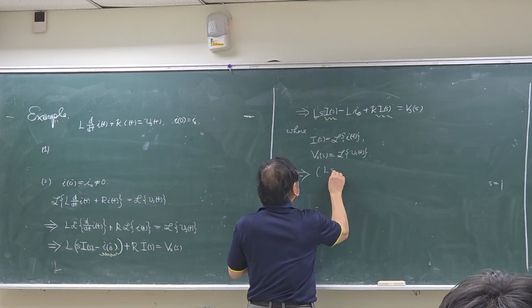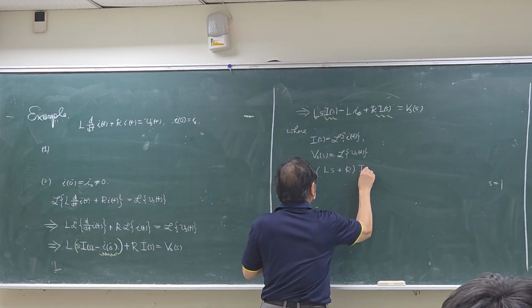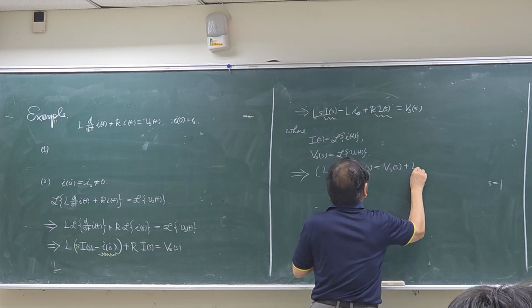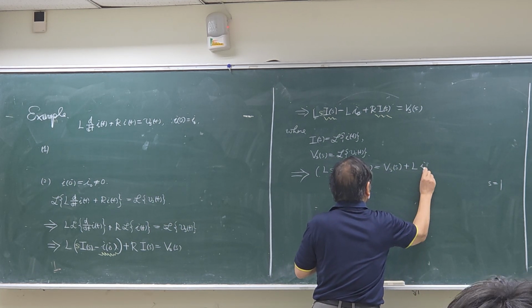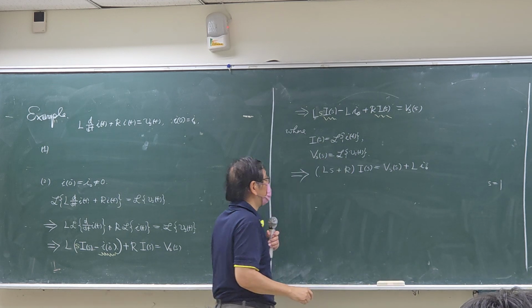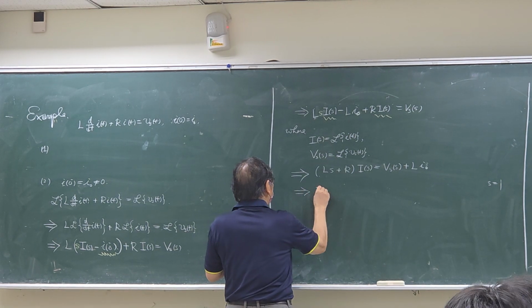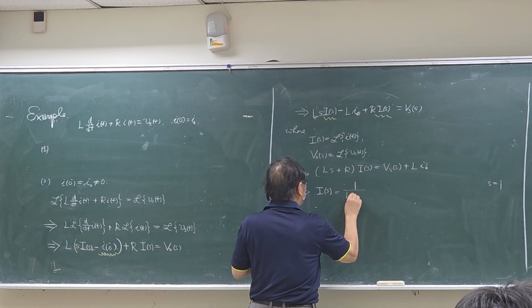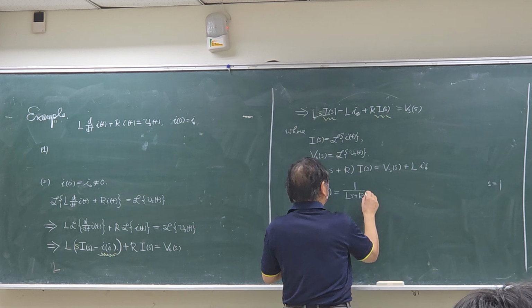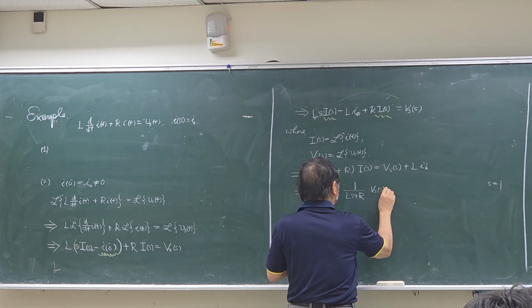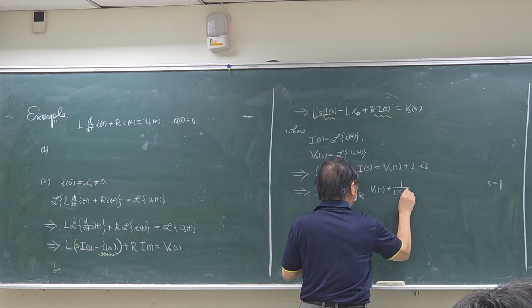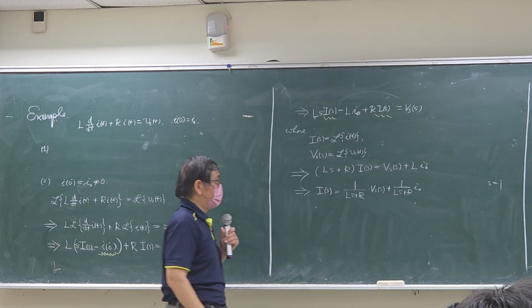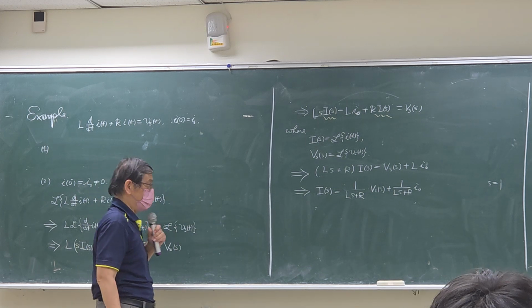So we have L s plus R times I of s equals V of s plus L times i of 0. So the Laplace transform of the current is given by 1 over (L s plus R) times V of s, plus 1 over (L s plus R) times L times the initial value i of 0. That's the Laplace transform of the current in the circuit.